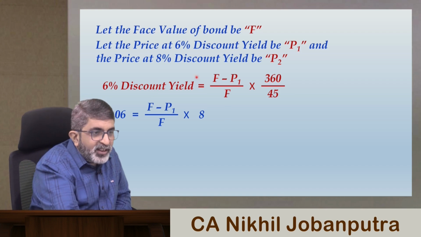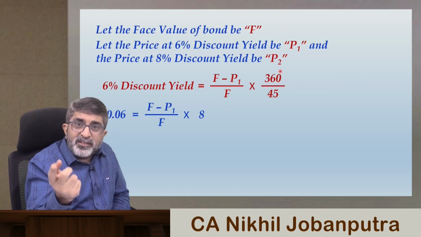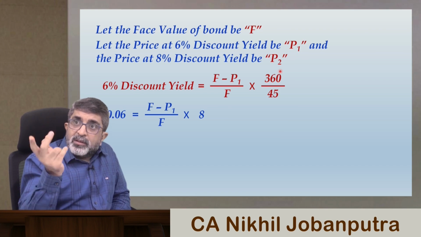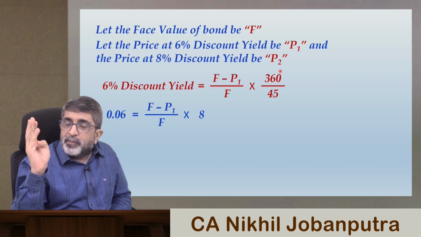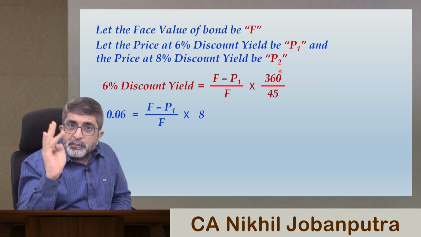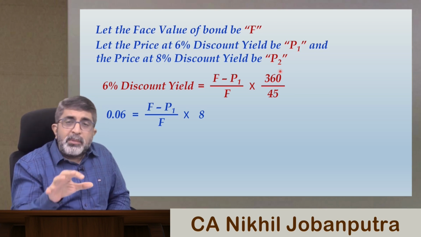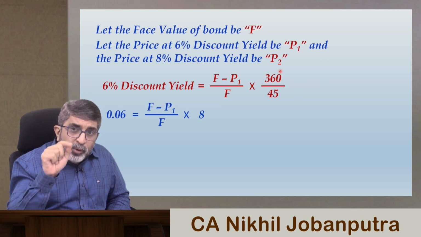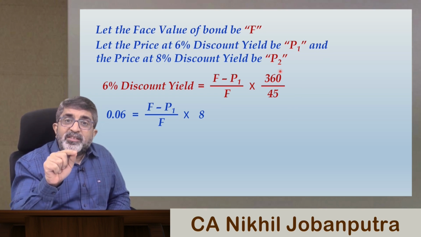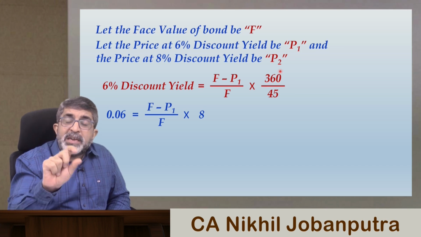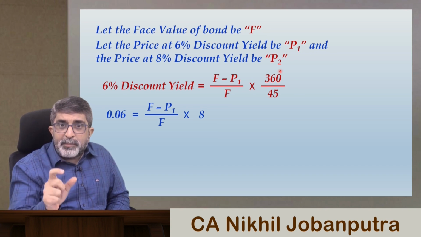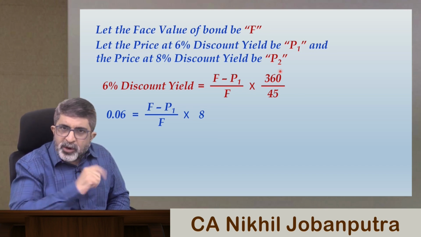So for 8% we have considered the price of the bond as P2. So we'll have three variables which will be missing, that is F, P1 and P2. But with the given information we'll be able to connect the whole thing, and there is one more piece of information given, that is the gap between P1 and P2 is going to be rupees 2.5, correct? The gap between P1 and P2 is going to be rupees 2.5, that is also given.